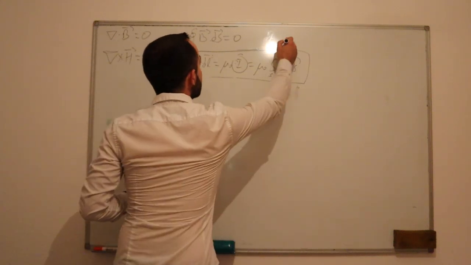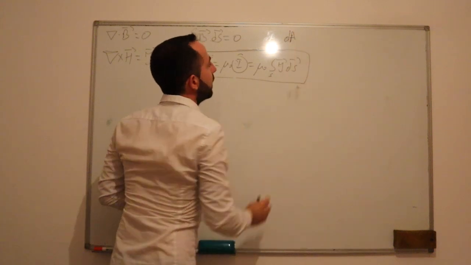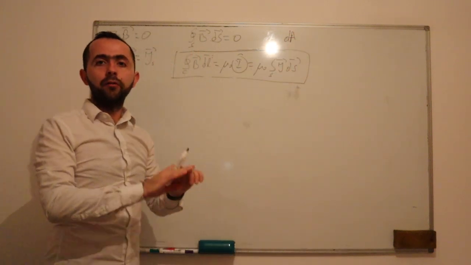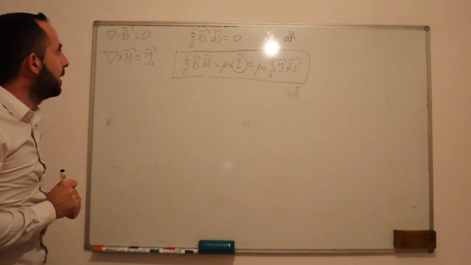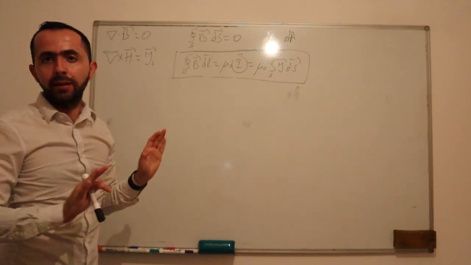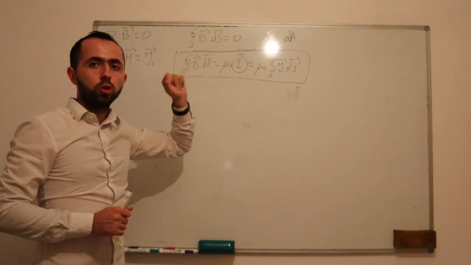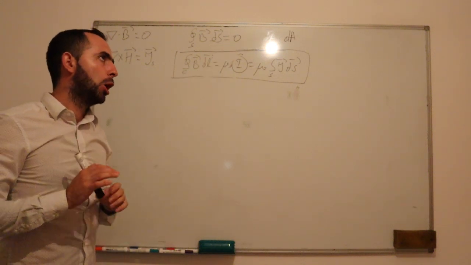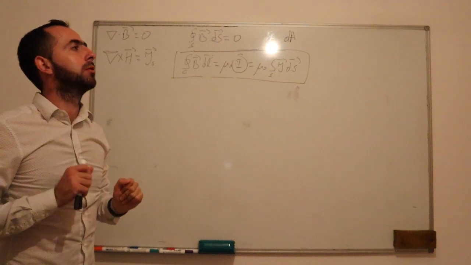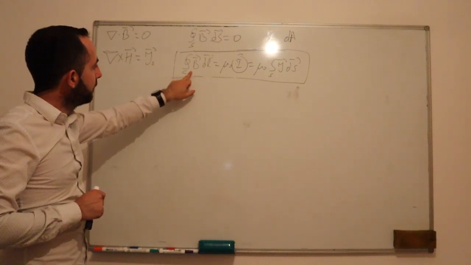Someone uses the notation dA, like area, infinitely small area. We will use this notation, but it is the same. What does this mean? We will see in a few minutes.